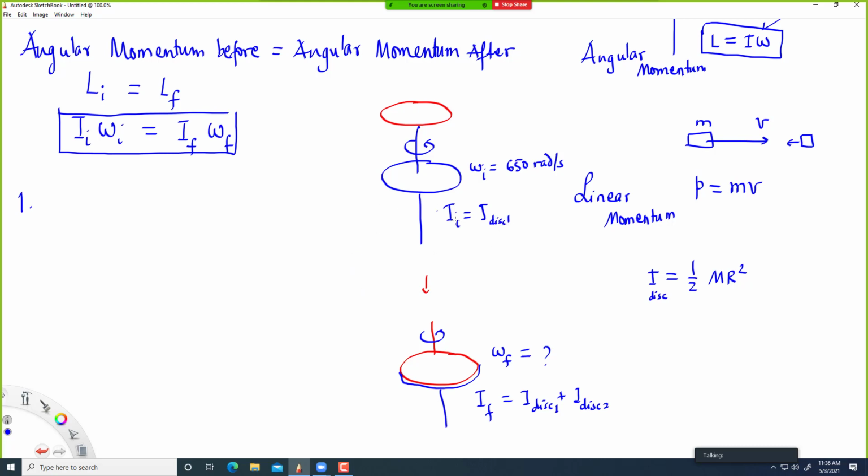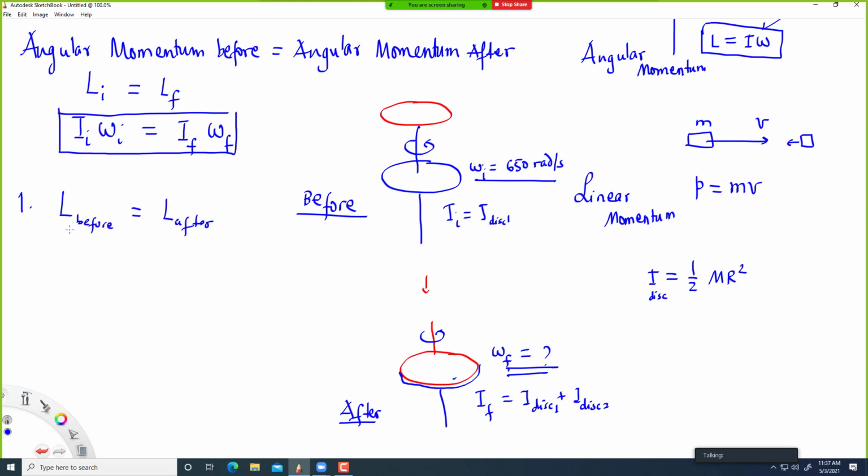So initially we have one disk that is rotating at that speed, and then we drop another disk over that, and then it will rotate at different velocity. So this is before dropping, that's after dropping, and we know angular momentum before is equal to angular momentum after.